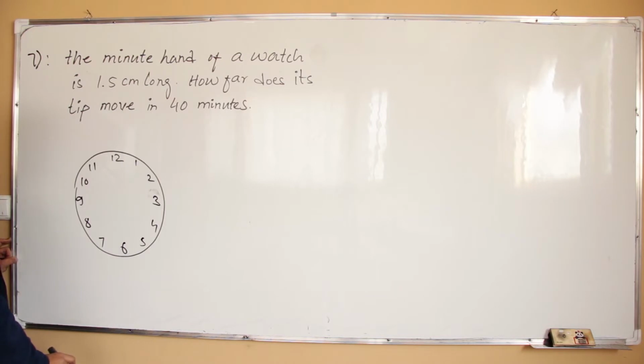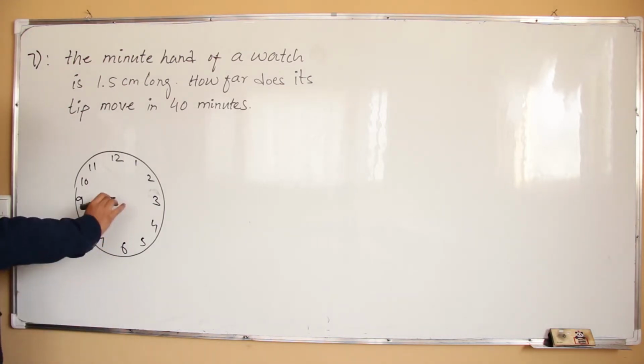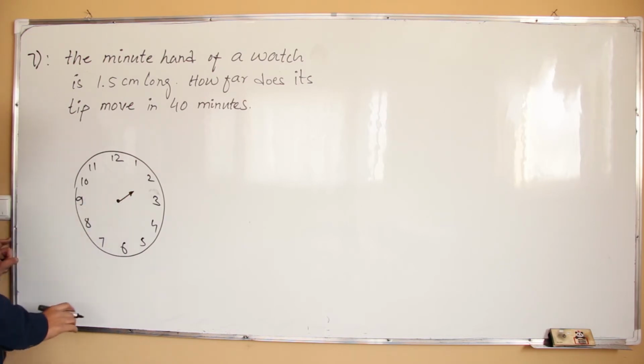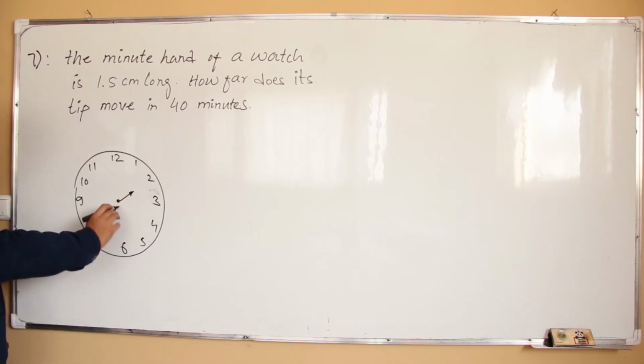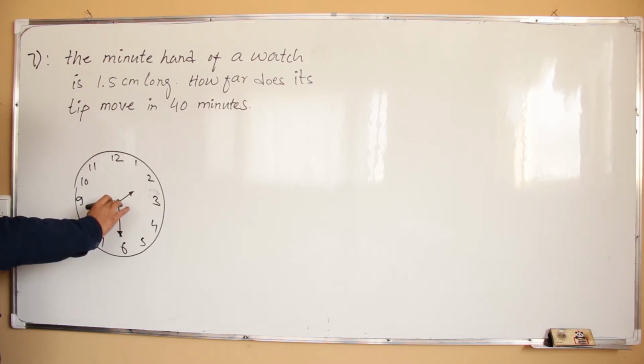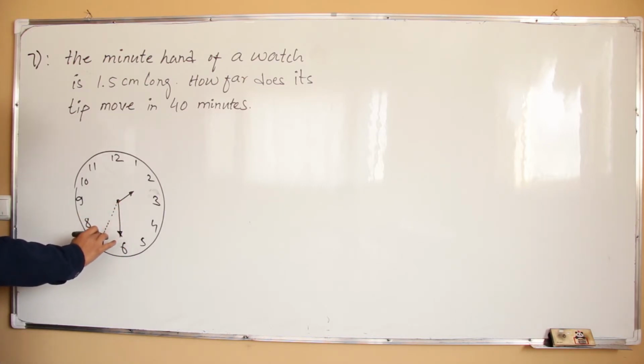Now, we have 3 hands. The first one is the hour hand. The next one is the minute hand. And the next one, which is moving, is the second hand.